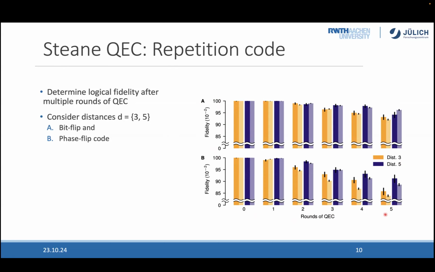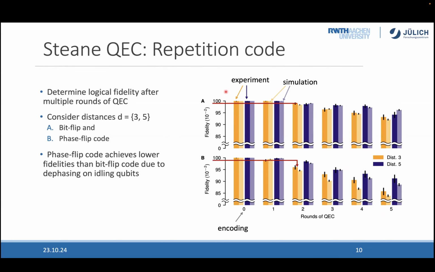Here, 0 rounds of error correction just corresponds to the pure encoding, so we just initialize a logical state and that's it. The darker bars correspond to the experimental data, and the lighter bars correspond to the simulation that we performed.